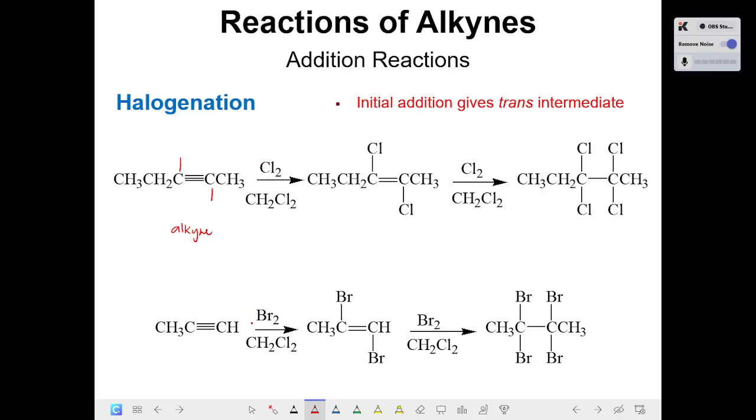So ito ay bromination kasi Br2. Yung nauna kanina is chlorination because of the addition of your Cl2. So ganun din yung fashion nung pag-add ng bromine gas natin. So yung Br2 natin, mag-split yan, and then it will react with the triple bond. So yan, nakita nyo, opposite yung addition. And then another round of bromination in dichloromethane.